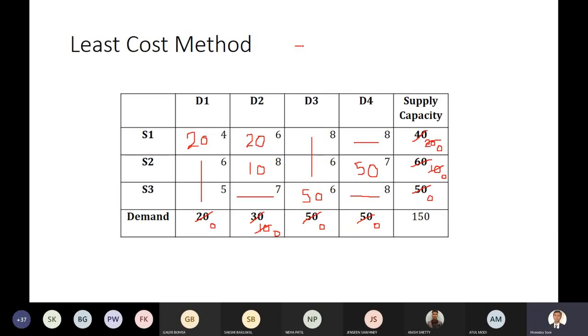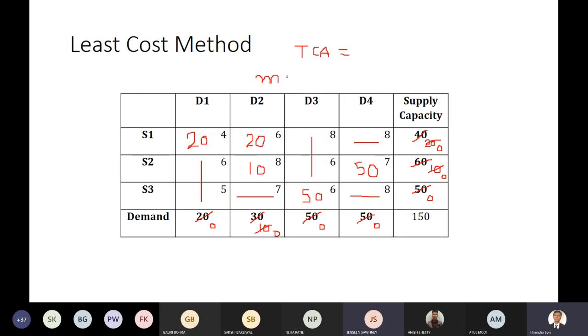What is my total cost of allocation? The number of allocations is m plus n minus 1. So 20 into 4 plus 20 into 6 plus 10 into 8 plus 50 into 6 plus 50 into 7.